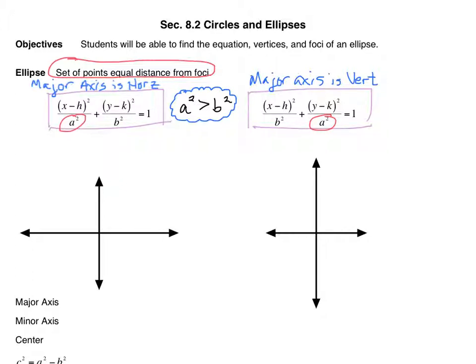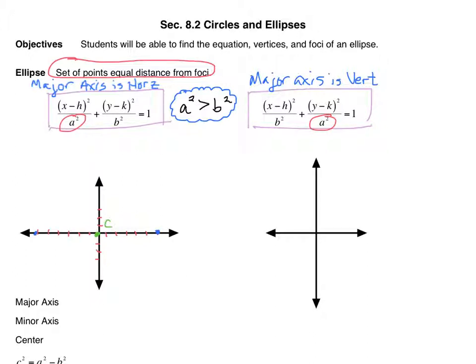So for chuckle's sake, we're going to draw a sketch, and we're going to make the assumption that the center is at 0, 0. And so then I want you to go 6 units to the right, 6 units to the left, 3 units up, and 3 units down. And then we're going to plot points.